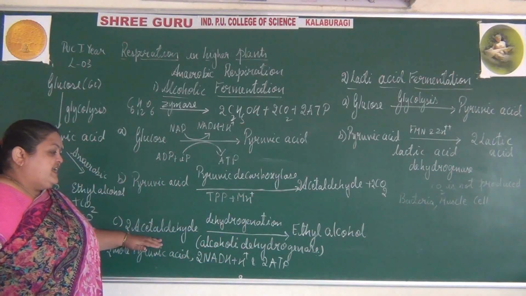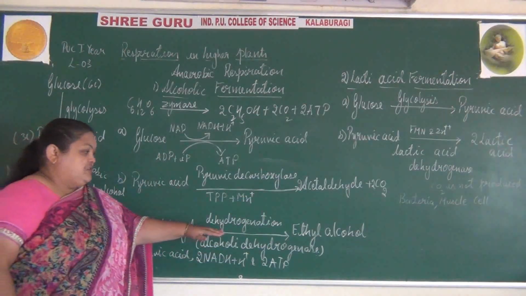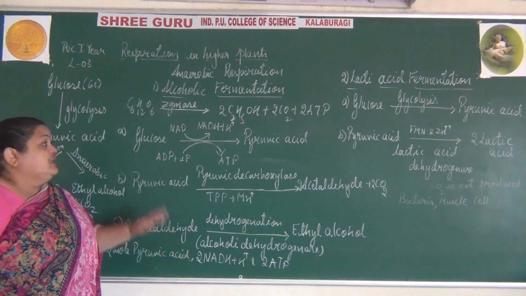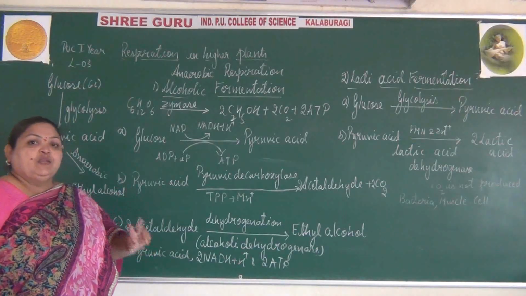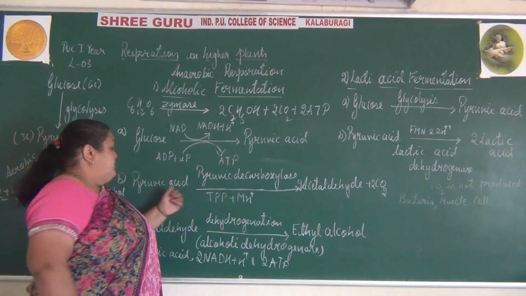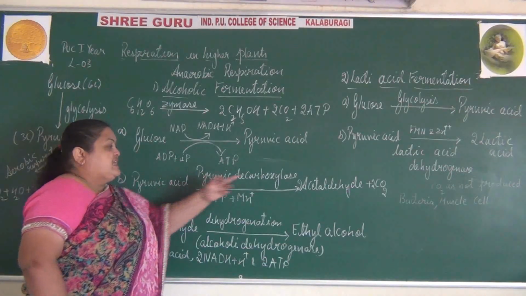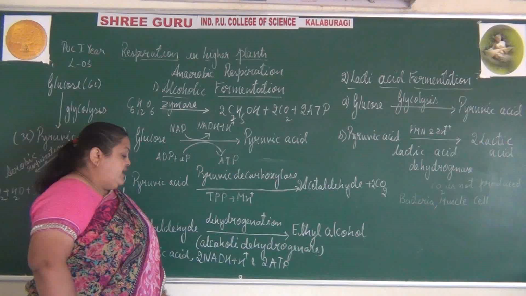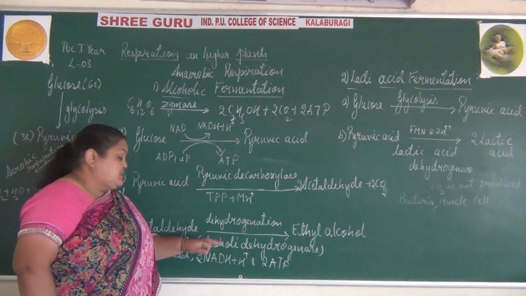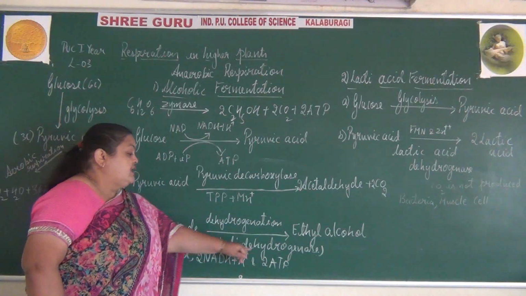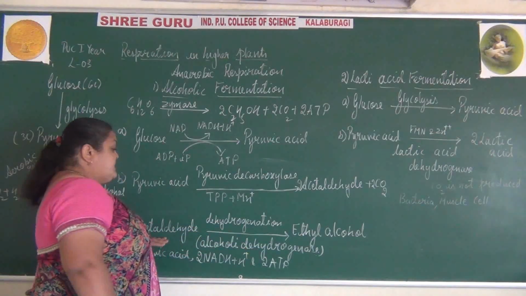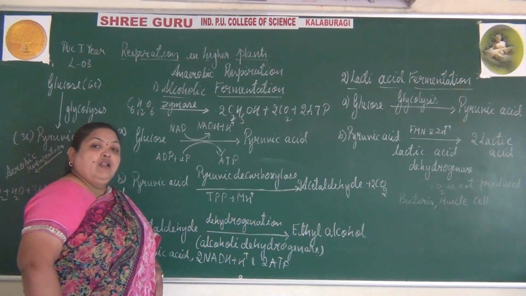Then the acetaldehyde undergoes dehydrogenation to form ethyl alcohol. So here the two enzymes used are pyruvic decarboxylase, which converts pyruvic acid into acetaldehyde, while in the third step the enzyme used is alcoholic dehydrogenase, which converts the acetaldehydes into ethyl alcohol.